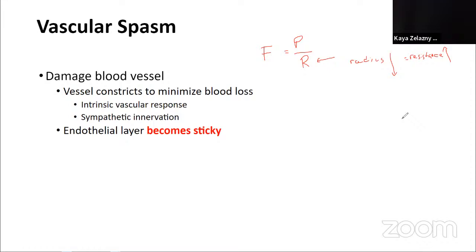The other thing that is happening as we do this vascular spasm is that the endothelial layer of the blood vessel is becoming sticky. The endothelial layer is a layer of cells inside the blood vessel, and we'll take a look at the picture of a blood vessel wall in a second.